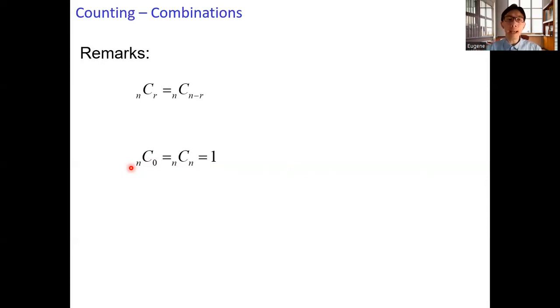And it is the same as the value of nCn, choosing all n elements out of a box of n elements. So again, we have one way of doing it, which is to choose everything from the list. So nC0 equals nCn equals 1.